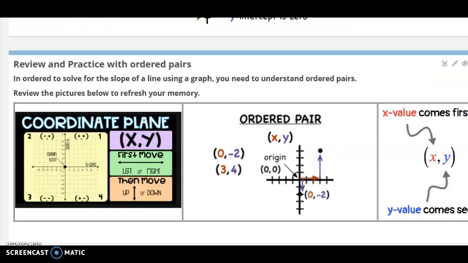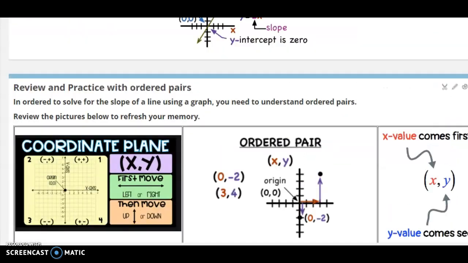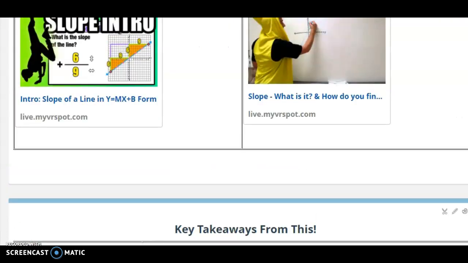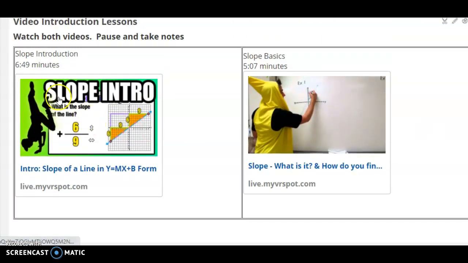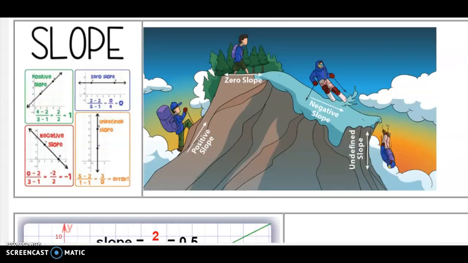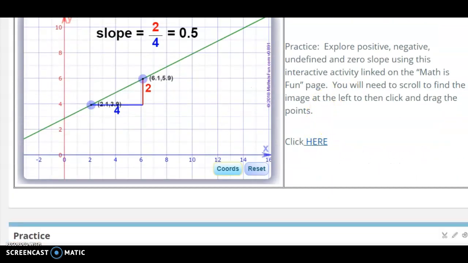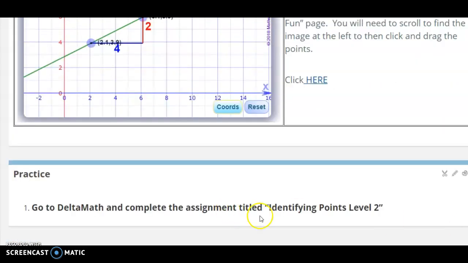There's always going to be notes, pictures, video lessons. Okay, so for example here, it tells you that there are 2 video lessons. And then here are some key takeaways. Again, just reading, some practice, and a Delta Math assignment. So the primary work is in Delta Math with each of the steps, okay?